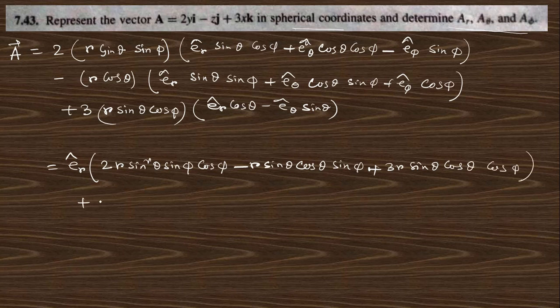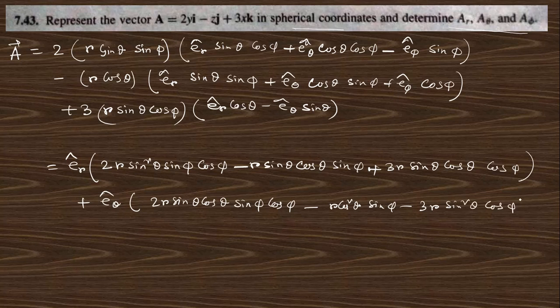Plus E theta into 2r sin theta cos theta sin phi cos phi minus r cos square theta sin phi minus 3r sin square theta cos phi, plus E phi cap into minus 2r sin theta sin square phi minus r cos theta cos phi.